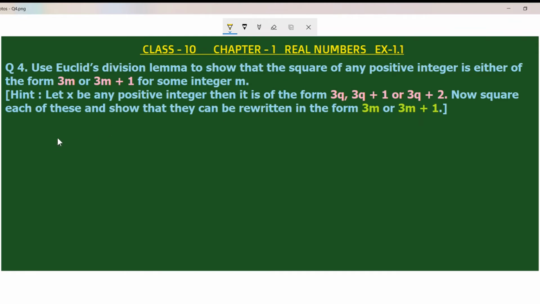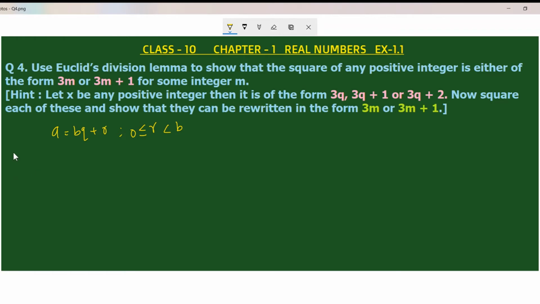See, first let x be, or we can write a, because Euclid's division lemma is in the form a equals bq plus r, where r is greater than or equal to 0 and less than b. This we know, isn't it?